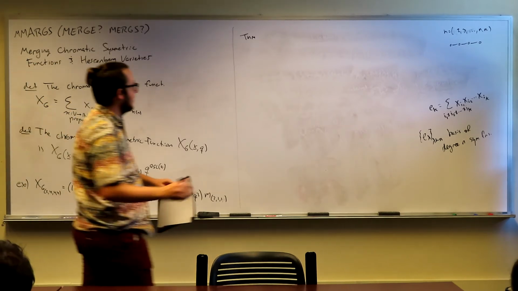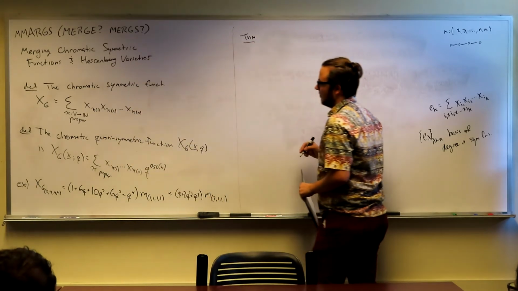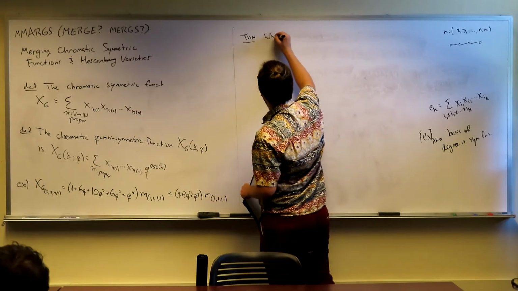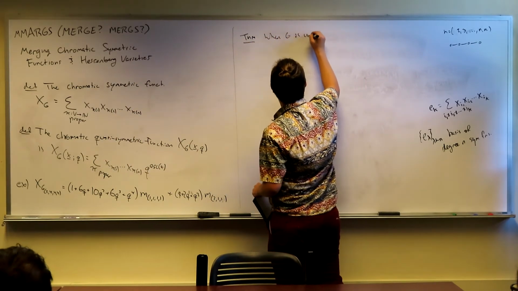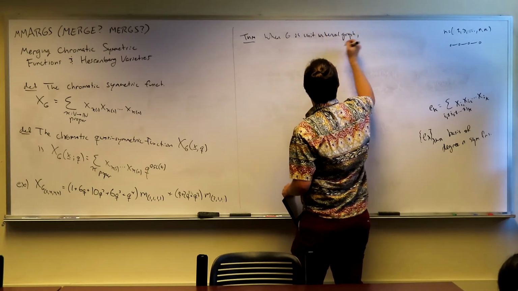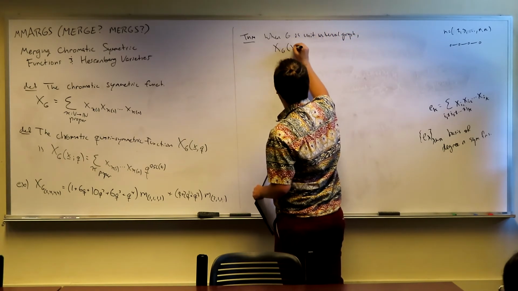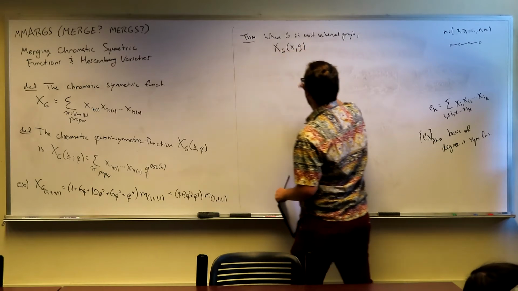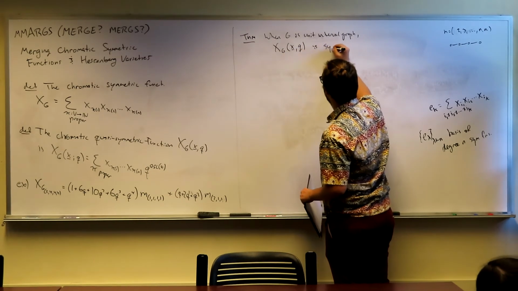So, theorem: when G is a unit interval graph, X_G(x, q), the chromatic quasi-symmetric function, is in fact a symmetric function.